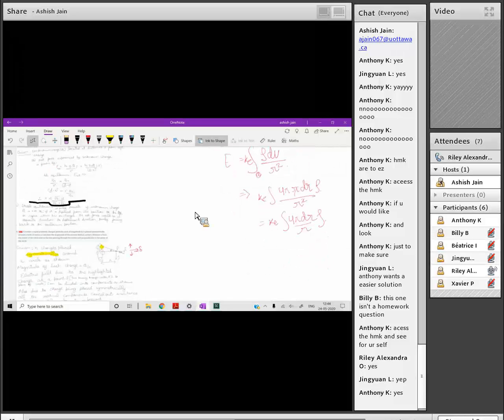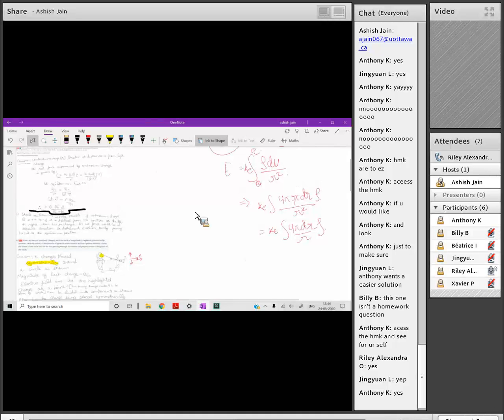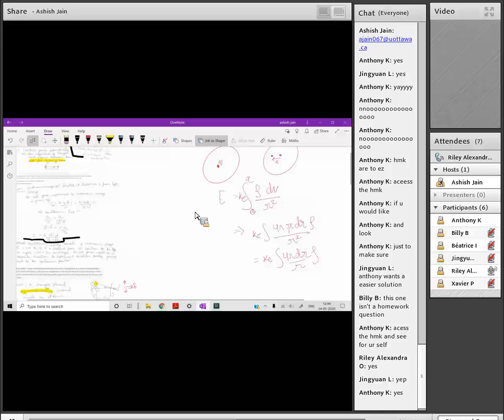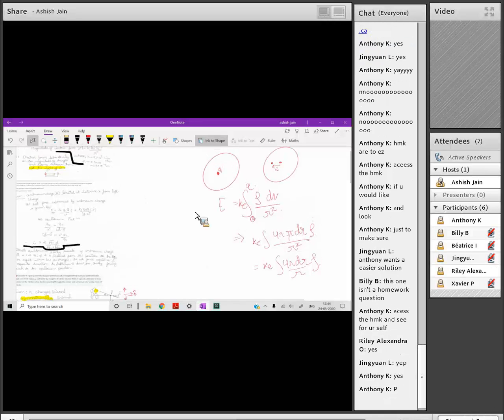Sorry, what's beside the dq at the E equals k? dV, rho dV. That's a volume element because it's given a uniformly charged volume charge density. Oh no, sorry, the symbol before the dV. Rho. Okay, thank you. I'm just retyping it.